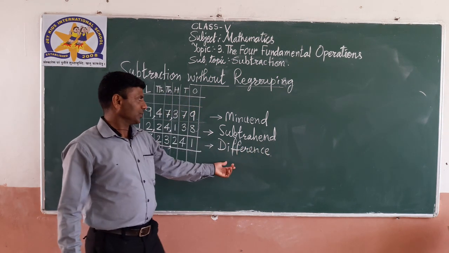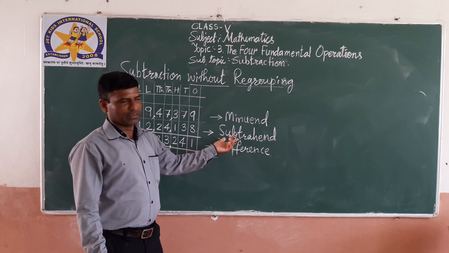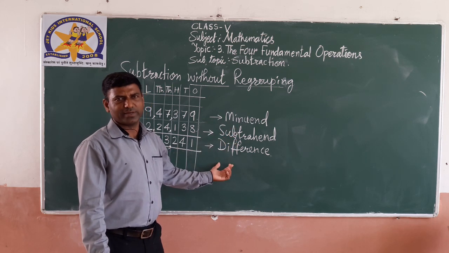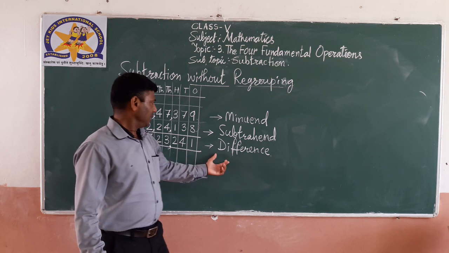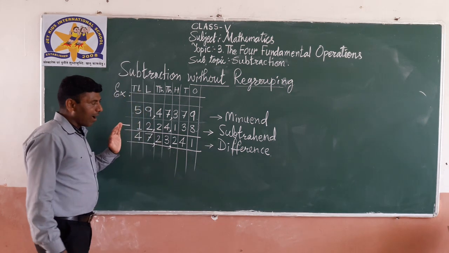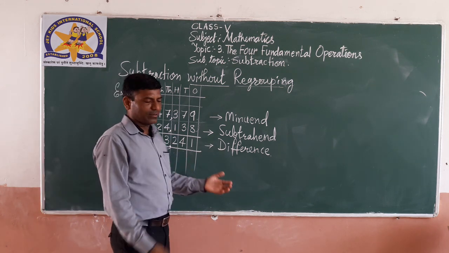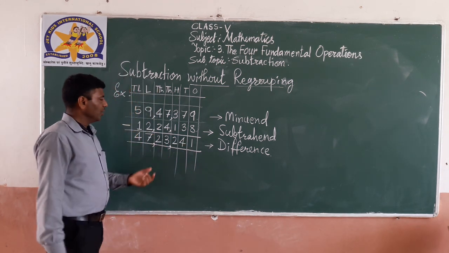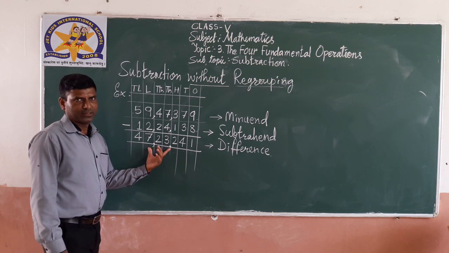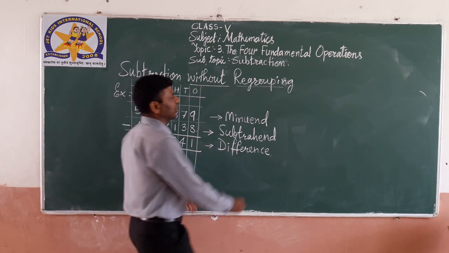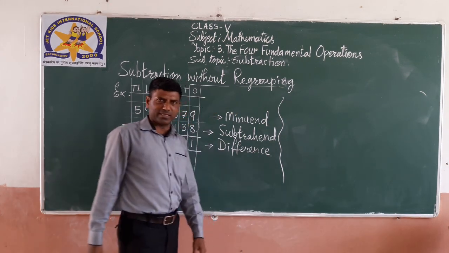Understand? So minuend, subtrahend, and whichever the answer is, that we call the difference. Understand? Now after this I will tell you how to check whether your answer is right or wrong. This is called a checking method, a verifying method.